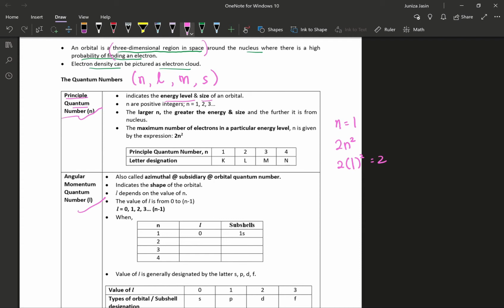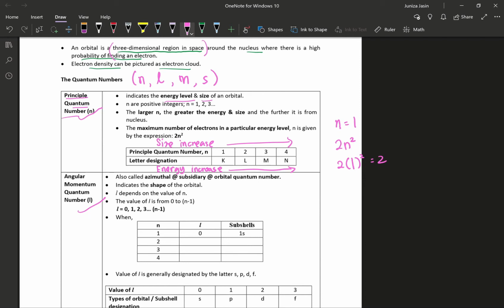Tapi later designation ni kita jarang gunalah. Okay, but you can add over here, information yang dekat atas ni boleh tambah dekat bawah ni. So, for example, energy increase. When the value of N increase, energy increase ke sana. And then, apart from energy increase, actually, size pun increase dari bila number N dia makin besar.